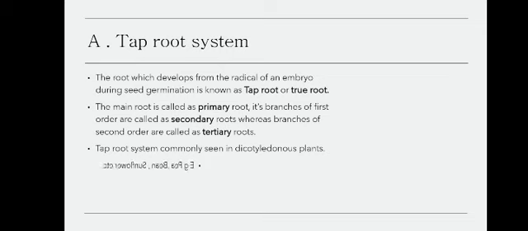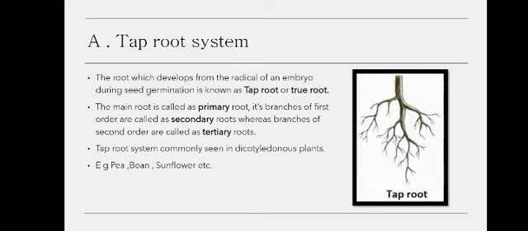Example: pea, bean, sunflower, etc. You can see in the picture the primary root, and secondary roots are also present. On the secondary roots, tertiary roots are also observed in the diagram.